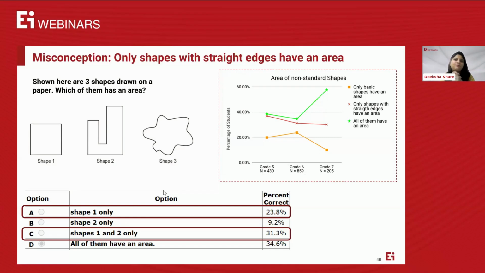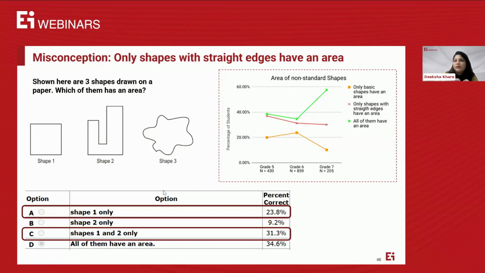Very interesting, see? And the red line corresponds to the misconception that only shapes with straight edges have an area. You will see that that misconception has gradually decreased from 5 to 6 and further decreased from 6 to 7. But there is still a large proportion of students who think that only shapes with straight edges have an area.